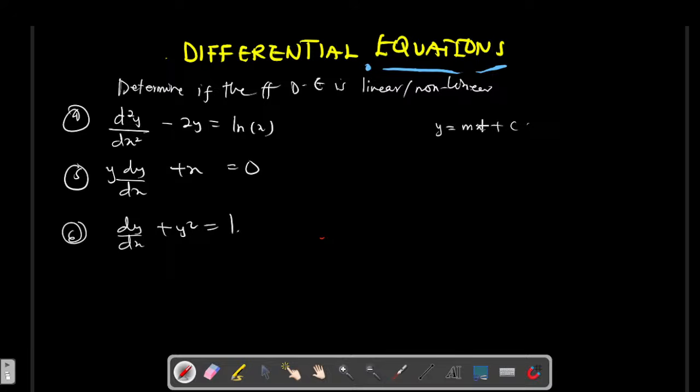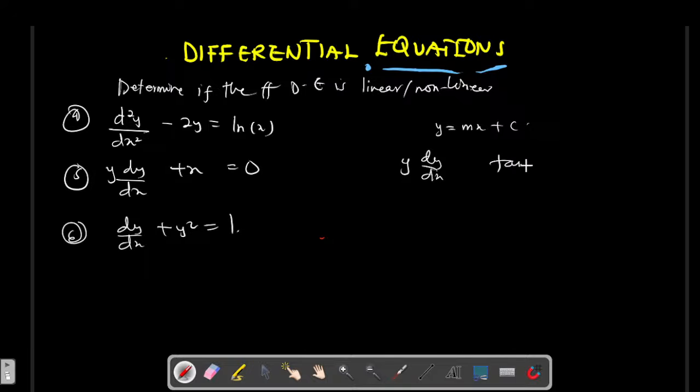But when it comes to differential equations, it's similar. How do you know that the differential equation is linear? It will be linear if there is no expression like y multiplying dy over dx. What we say is your dependent variable should not multiply its derivative. It doesn't make it linear. Take notes, it doesn't make it linear.